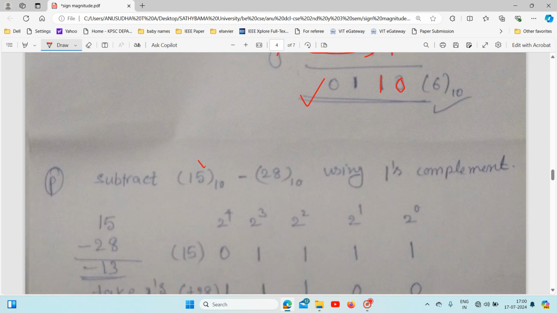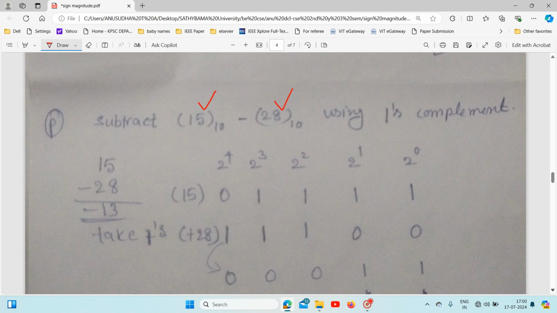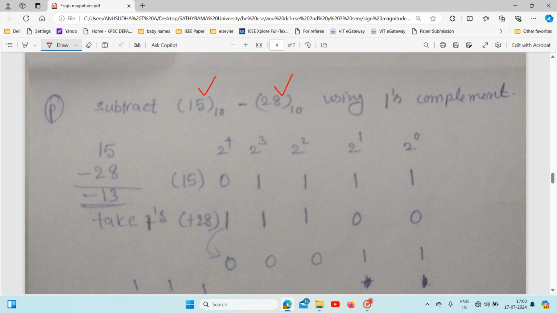Subtract a larger number from a smaller one using the ones complement method. 15 minus 28 in decimal, the result is minus 13. You know the positive representation of 15, 0 and four ones. The second number is a signed number.